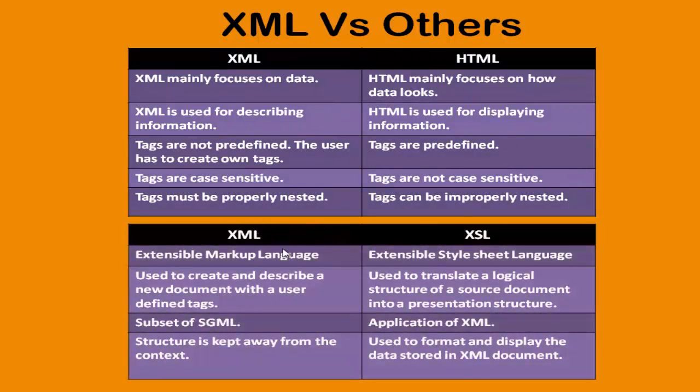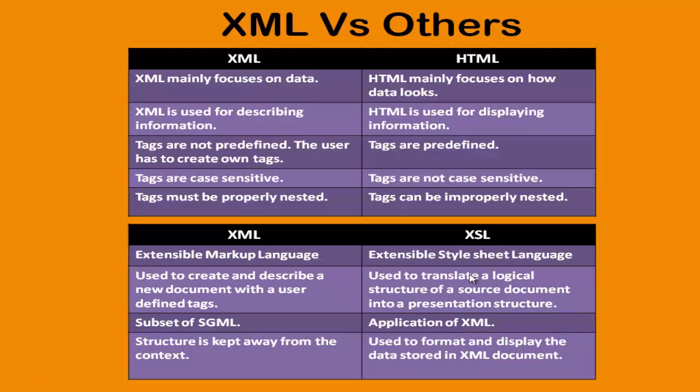When we compare our XML language with our XSL, as we have seen earlier, XML stands for Extensible Markup Language and XSL stands for Extensible Style Sheet Language. XML is used to create and describe a new document with the user-defined tags. We already know that. And XSL, as I said, is a style sheet language.